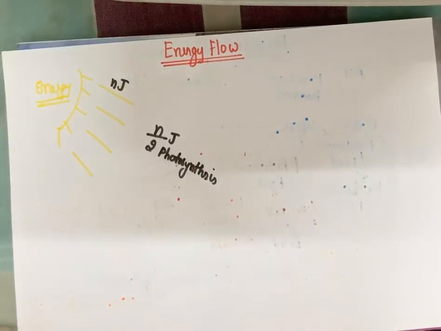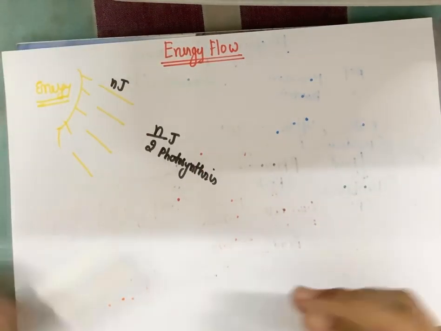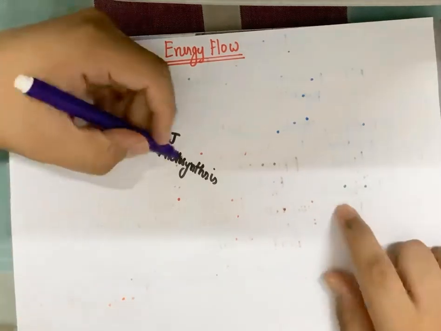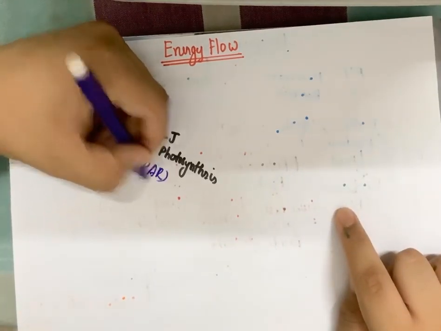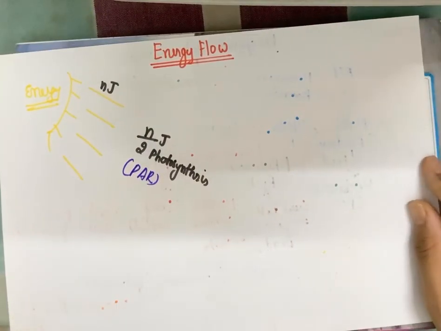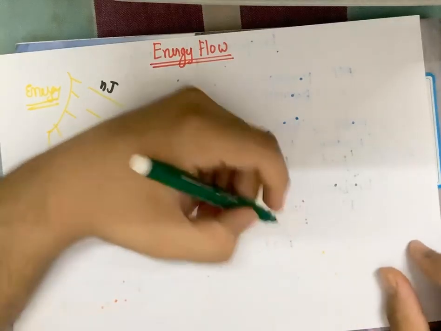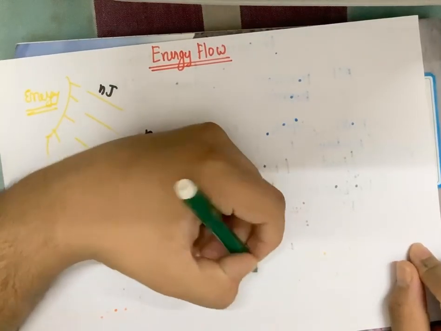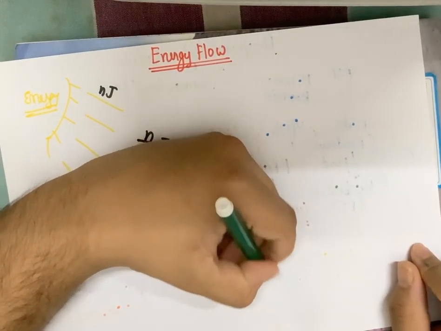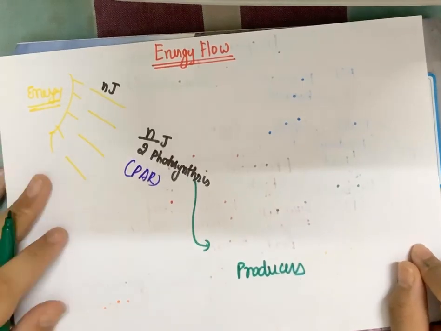And this available radiation for photosynthesis is called PAR, photosynthetically active radiation. Now when this photosynthetically active radiation reaches the first trophic level, the producers. What do I mean by producers?